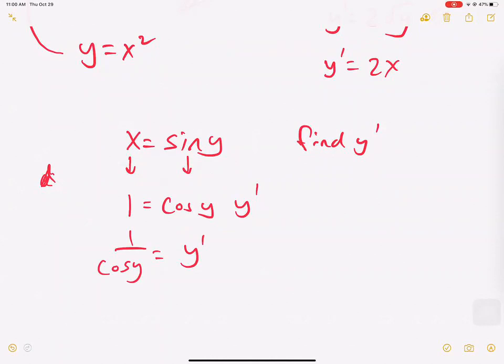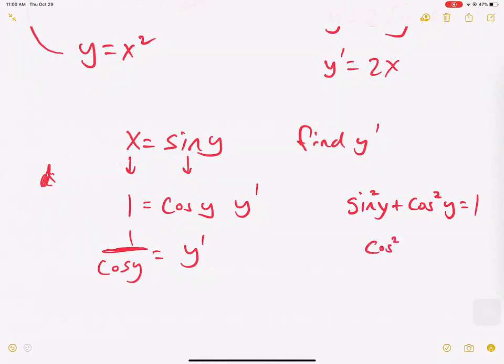Now, let's see. I want to give you guys a little identity here. You guys agree with me? Sine squared of y plus cosine squared of y is equal to 1. You all agree with me there?